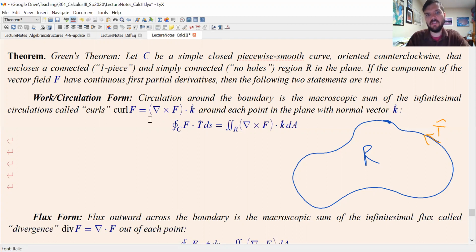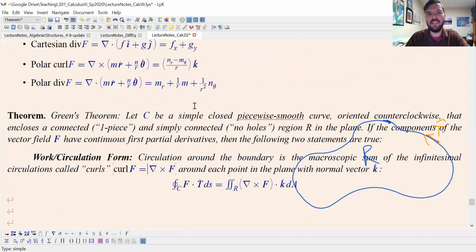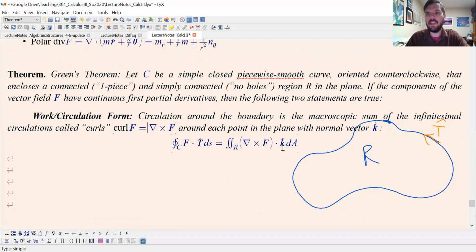And what we're doing here, so we measure the curl as this quantity, del operator cross F, but then we dot it with k hat to extract out how much of the rotation is happening in the plane.